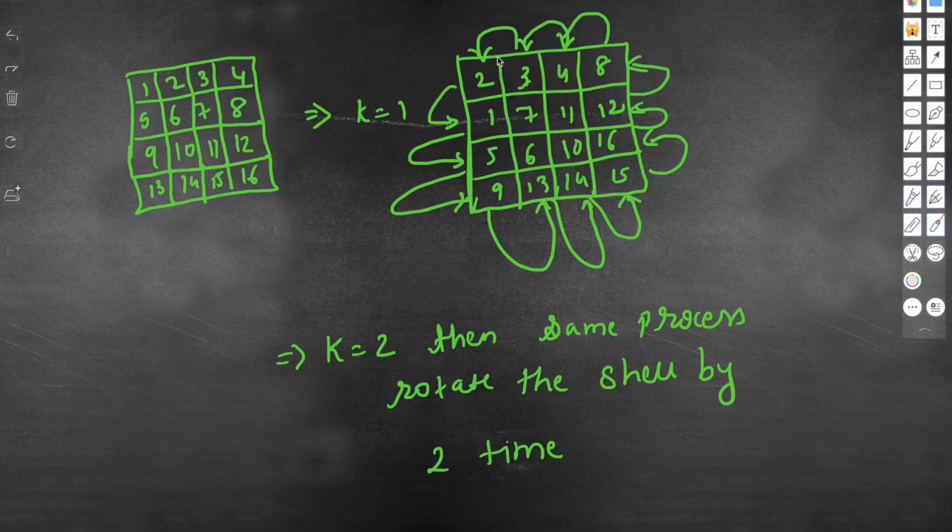So 2 will come here at 1's place, 1 will go down here, 5 will go one step down, and it goes on the same way. Every value will shift by 1 from its particular place. This one is the first shell, this one is the second shell. So you have to rotate all the shells by k.